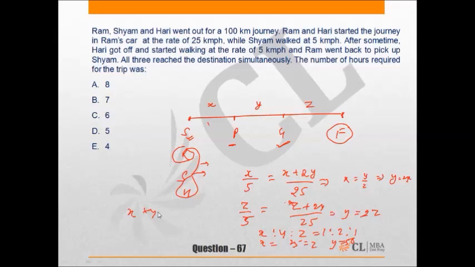It will be x plus y plus 2y plus z upon 25. Here x is 25 and 3y is 3 into 50 plus 25 upon 25, it is equal to 8 hours. So the total time taken by the three to complete the trip is 8 hours.